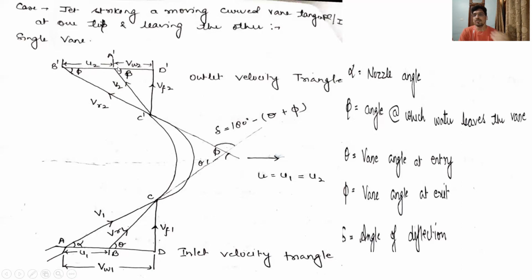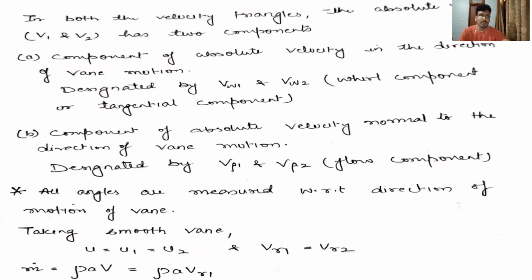Now what will be the value of Fx in this case? I have already discussed that it has two velocity components in the tangential direction, that is VW1 and VW2, and there are two flow components, that is VF1 and VF2, that are normal to the direction of the vane motion, and all the angles are measured with respect to the direction of motion of the jet.